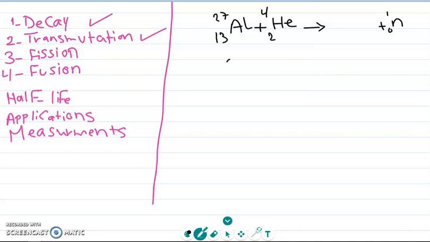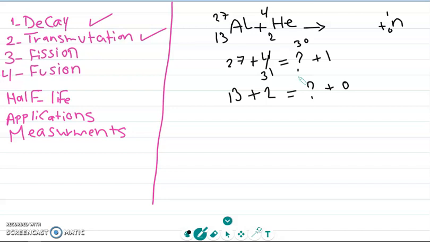So here 27 plus 4 has to equal what? Plus 1. Also 13 plus 2 has to equal what? Plus 0. So here 27 plus 4 is 31, which is 30 plus 1.